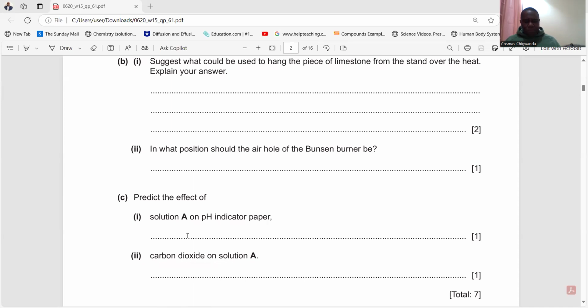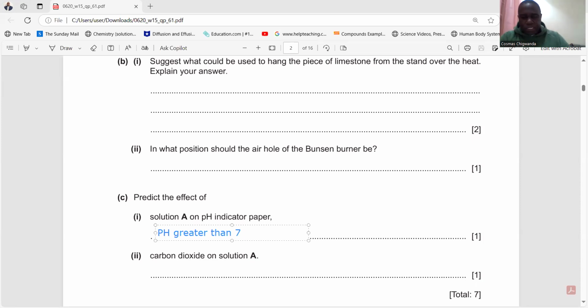And then what are we going to have there? We're going to have a base because it's a metallic oxide. So obviously, our answer here, pH must be bigger than 7. So we can simply say pH greater than 7. But we want to have an observation.